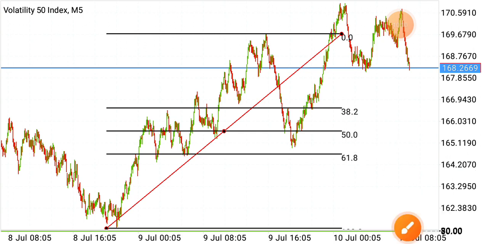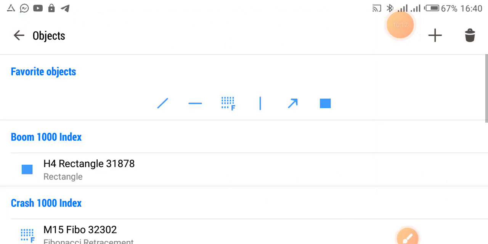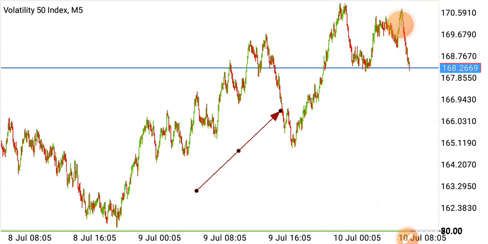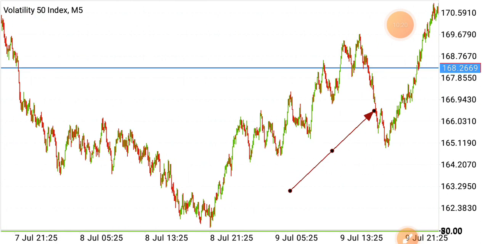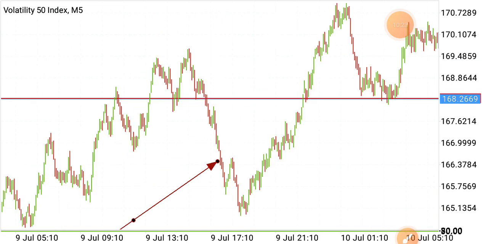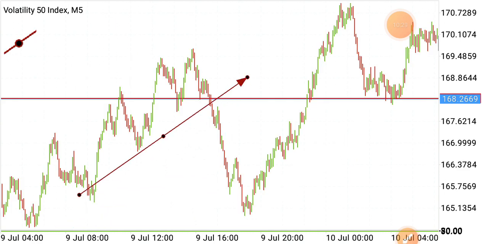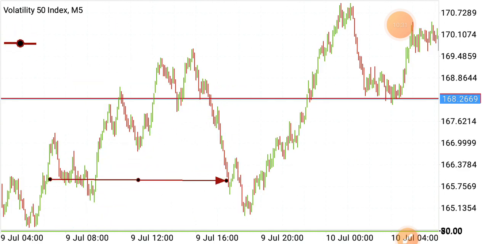So what I noticed was that the market started developing a kind of pullback. Let me remove this too, please. So the market created a sort of pullback here at this point. You see, when it got to this point, it pulled back.